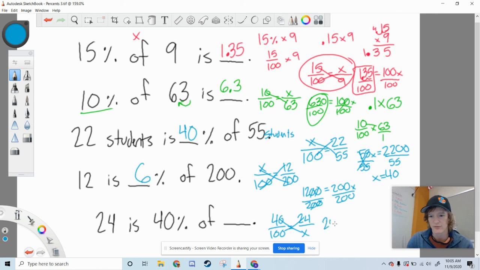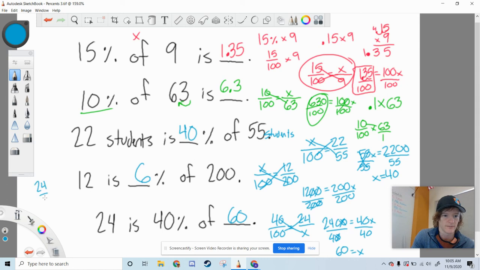We've got 2400 equals 40x. Divide by 40, divide by 40. Well, we can reduce by 10. I know 24 divided by 4 is 6. Add a 0, 60 equals x. So we could say 24 60ths is equal to 40 100ths for this one. 24 is 40% of 60.